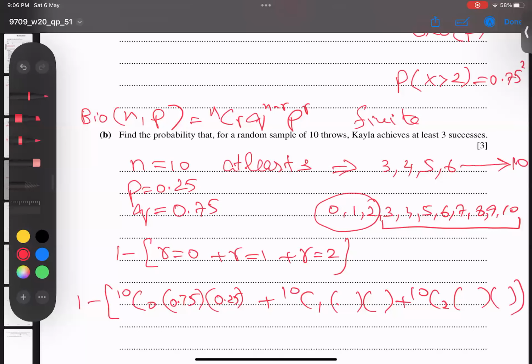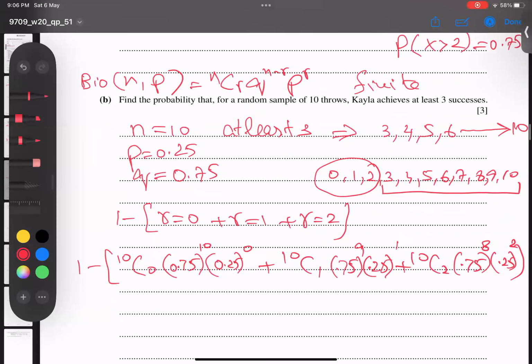So here 0.75, here 0.25, here 0.75, 0.25. And the difference of 10 and 0 comes here, so 10 minus 0, 10. And this 0 goes directly here. So 10 minus 1 becomes 9, and 1 directly goes here. And here 8, and here 2.